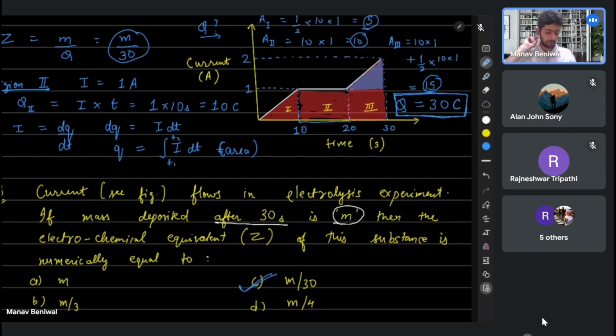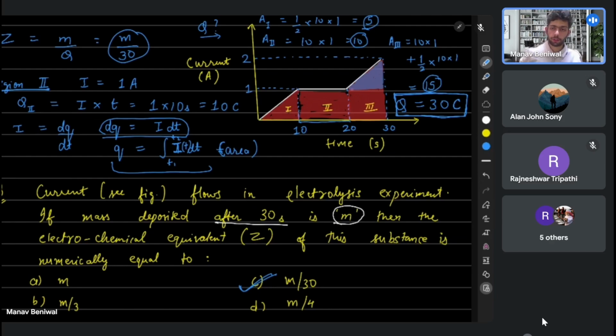Because charge is defined like this, it simply means that we can find the area under the curve. If you wish, you can even find the charge by integrating. You can write the functional form of your current I as a function of time t, and then integrate in all three regions, and you will get your total charge Q.